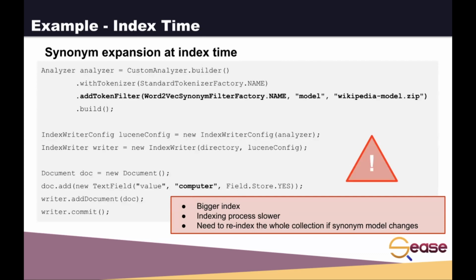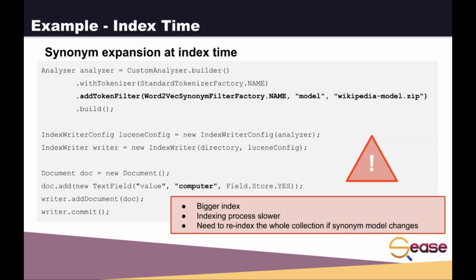By the way, apart from that, we did our test. We used the same analyzer. We created a new, empty Lucene index, and we had only one document with only one field with only one word, computer.